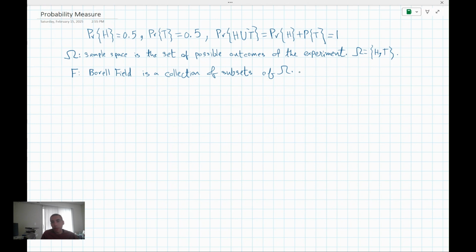So you could look that up later, but the simple idea is that we want the collection F to contain the possible events that we would like to take the probabilities of. So, for example, in the case of a coin toss, we would like to know the probability of heads, the probability of tails, the probability of heads and tails, that event has heads and tails, and also the probability of neither, which is the empty set, which has the probability of 0.